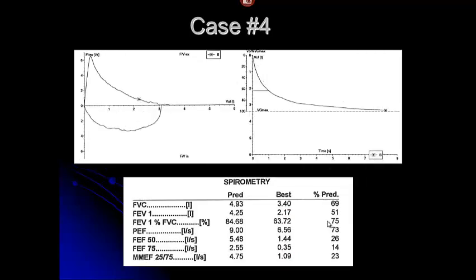Another example, you have FVC 69, FEV1 51, and FEV1 ratio is 75. Remember that for your exam, you might find a better number. Why? Because 75 is normal. Even though we memorized 80 to 100, remember if we go back to the prior parameters, it will be normal.